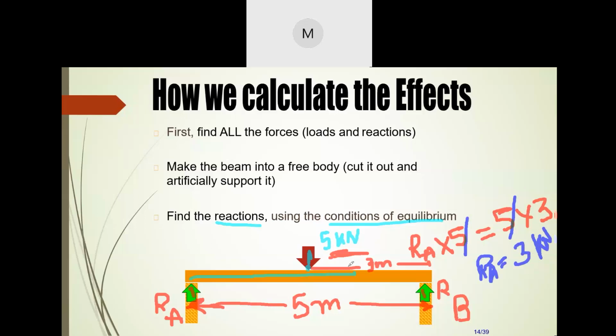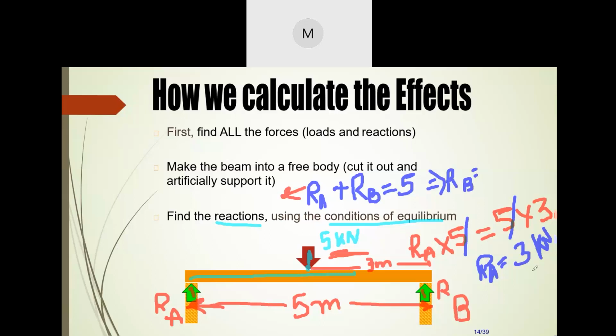Now we all know RA plus RB equals 5. This implies RB equals 5 minus RA.